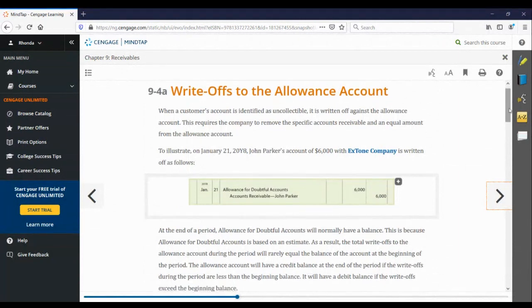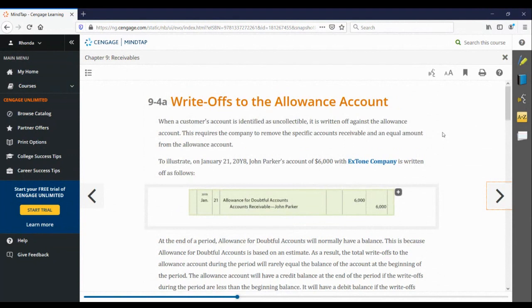Now, the next part of this is showing you how to create a journal entry to write off an allowance account. When we have deemed that the customer is not going to be able to pay us for whatever reason, we are actually going to write off the account against the allowance account.